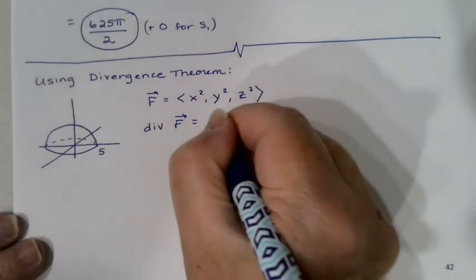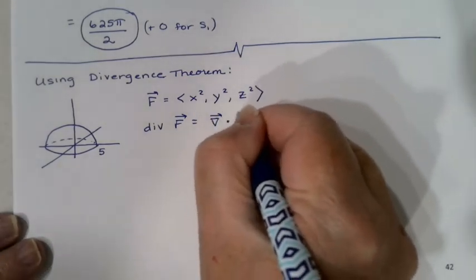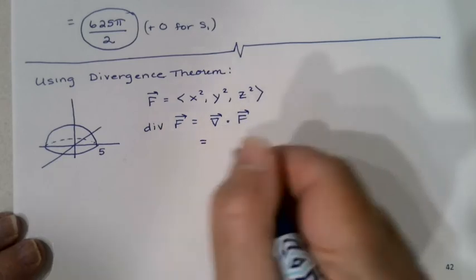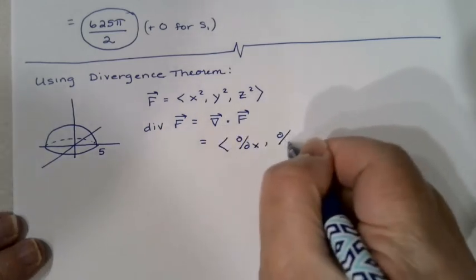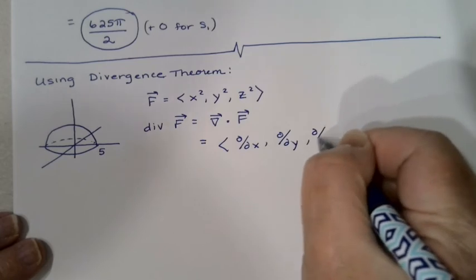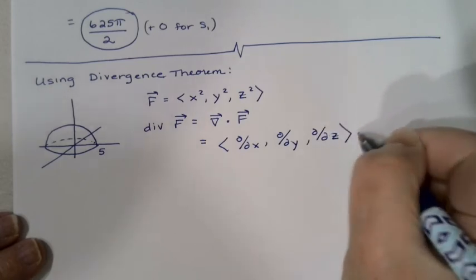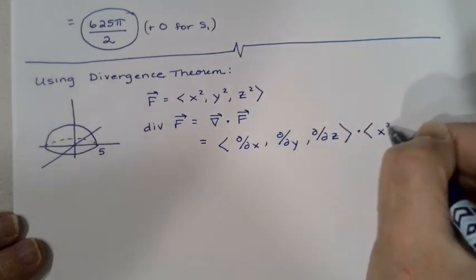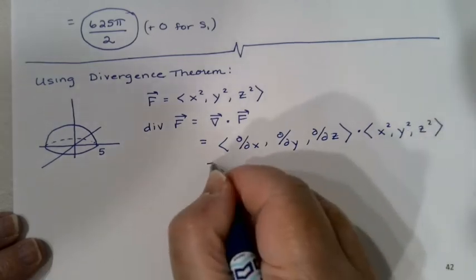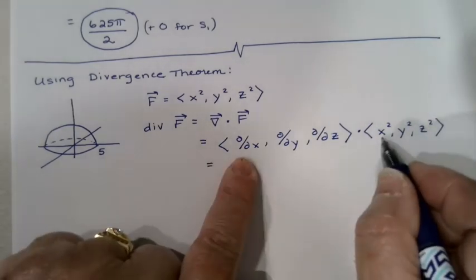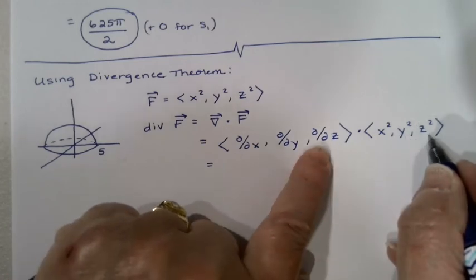That's our gradient vector dot product with F. So that's going to give me 2x plus 2y plus 2z.